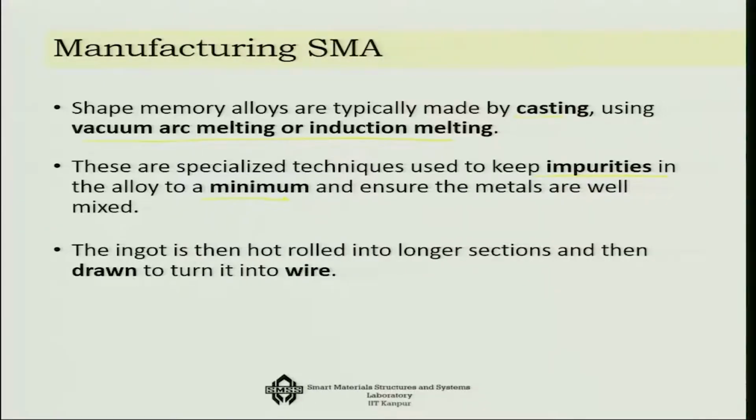So once you make this at a high temperature and mix it, you make the ingot, then you hot roll it into longer sections and finally you draw it into wire form. So that is how we manufacture the SMA wire itself. Okay, so this is not simply SMA but the SMA wire itself.